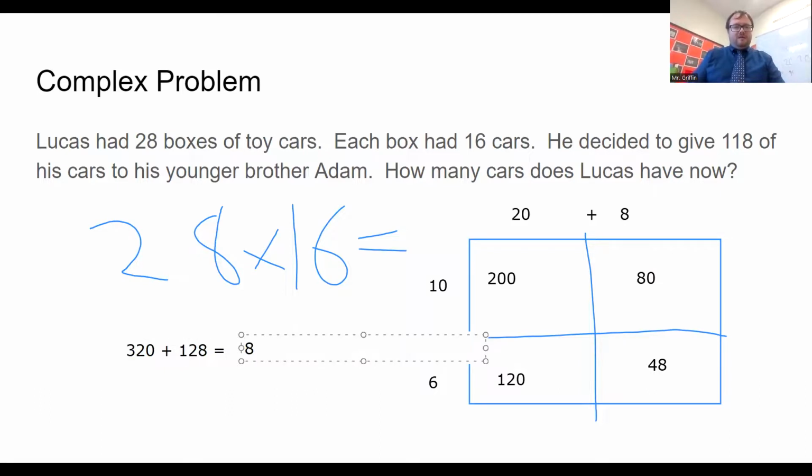So 8, 4, and 4. Yep, so 448 is correct. All right, so now what do we need to do after we multiply? What are we doing next? Go ahead and do that part now.